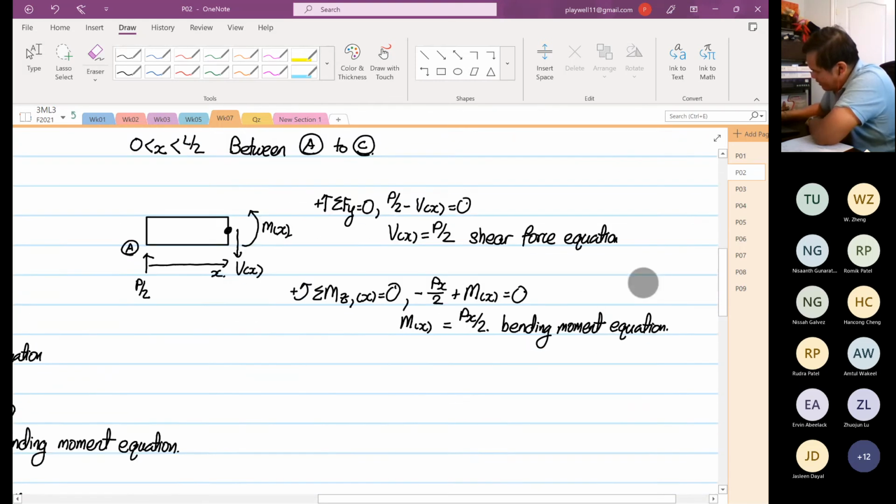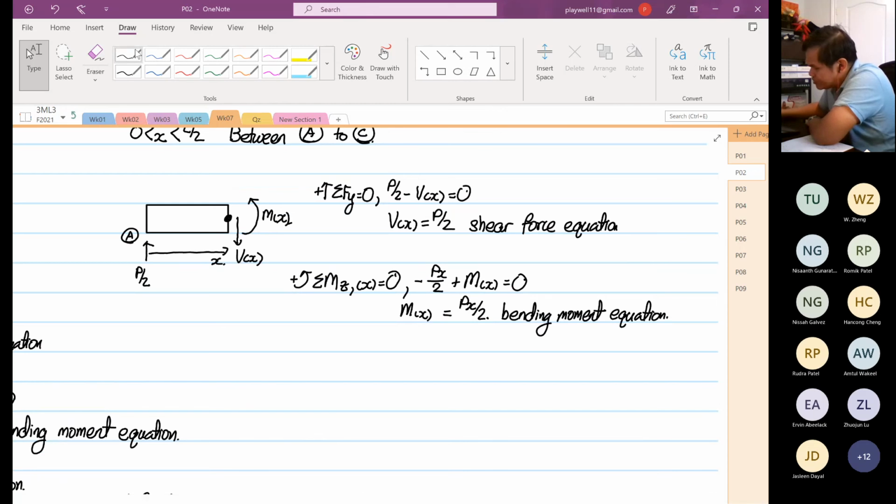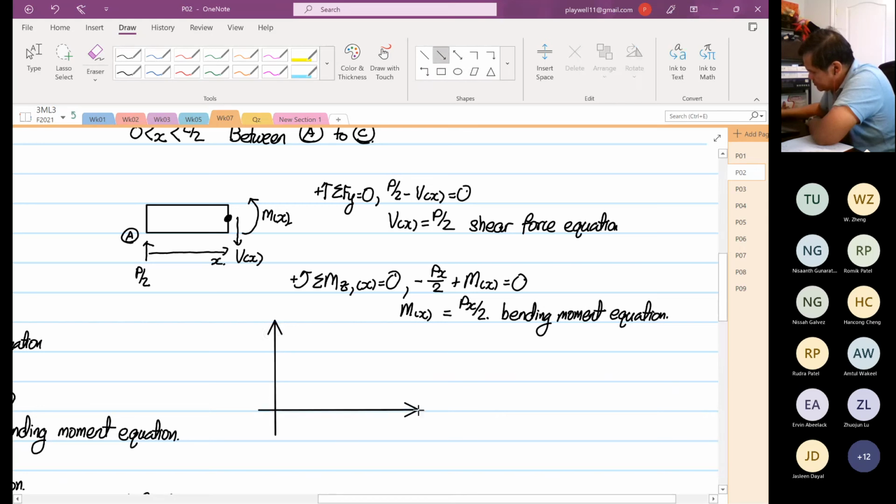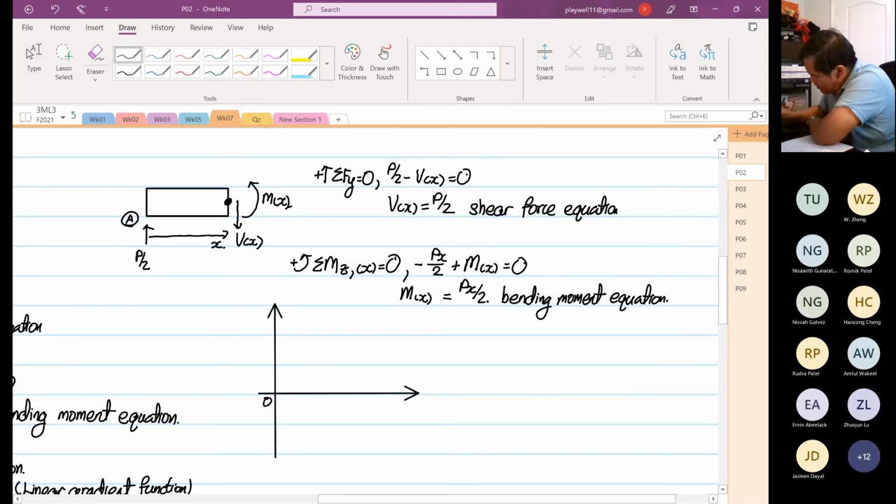So when that's the case, I will start to draw our diagram now. So now we only need to draw until where? We only need to draw from 0, and we only need to stop at L/2.